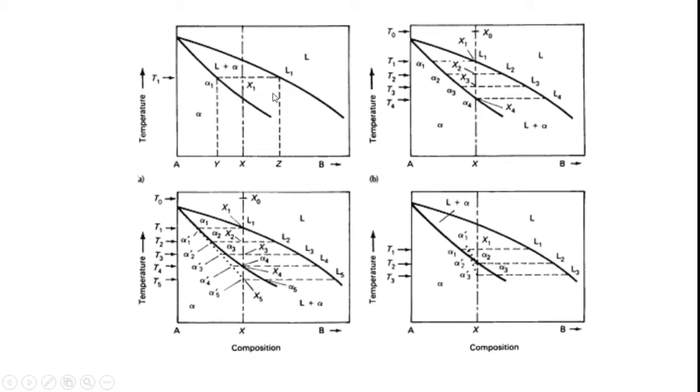The bulk composition is Y percentage of component B and 100 minus Y percentage of component A. Here the notation Y is available. Y percentage of component B and the remaining percentage of component A can be represented with this line, which consists of 100% solid solution. So Y represents 100% solid solution.